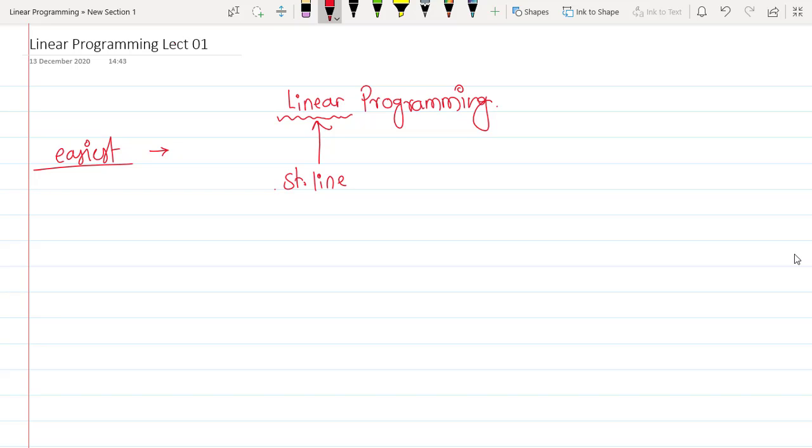If you are okay with the straight line, then this topic becomes very simple. Now let's see what linear means. It's a straight line, but what is the standard form of the straight line? We have already studied that standard form, which is nothing but ax plus by plus c equals 0. This is the linear equation.